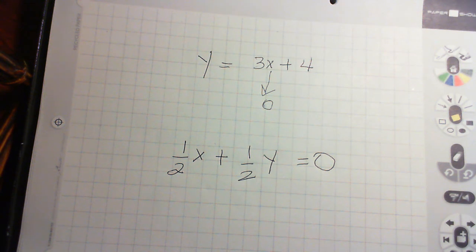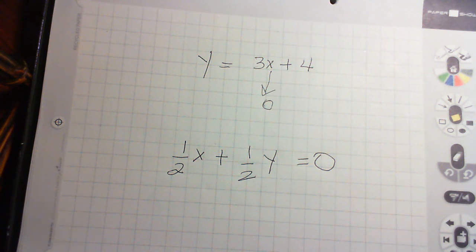All I need to do is what? You can get rid of the halves if you want to. But just like we said earlier, to find the x-intercept, we're going to let y equal to 0. To find the y-intercept, you're going to let x be 0.